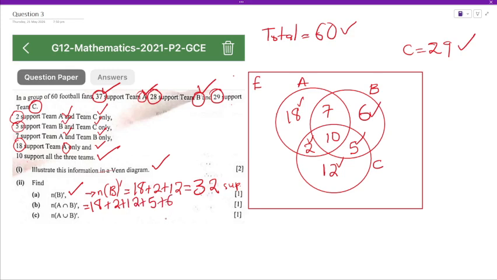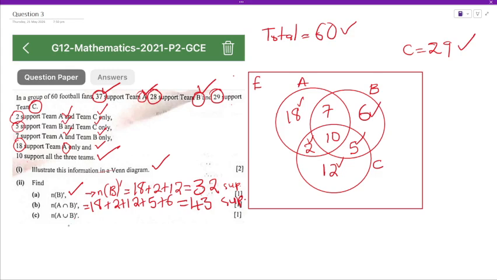Earlier on we found 43. Let us confirm what this will give us. That still gives me 43. So, 43 supporters.